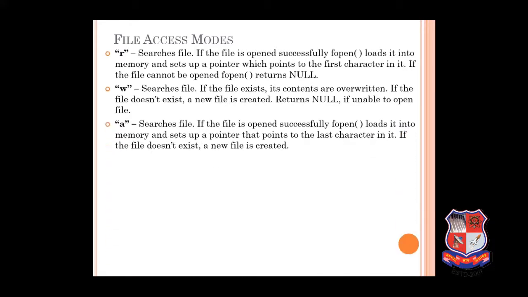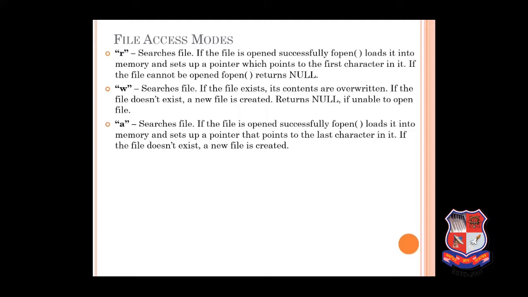Next is A, which stands for append. There was a disadvantage using W. If I have to write data multiple times, we cannot use W, right? If every time I open a file in W, it will delete the data that was stored before, and it will overwrite my data. So my previous information will be lost. To overcome this disadvantage, we use append.